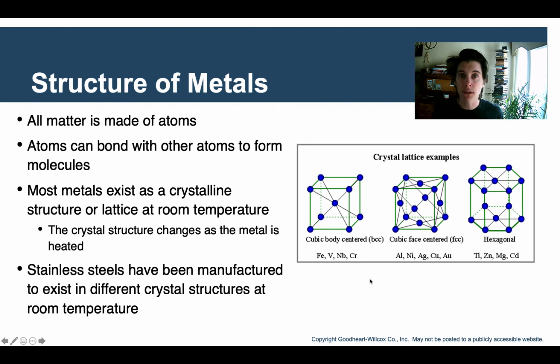You put energy into atoms and they start moving around. So the way they are in relationship with each other will change with heat. Stainless steels have been manufactured to exist at very particular crystal structures at room temperature. That's basically what gives them their stainlessness.